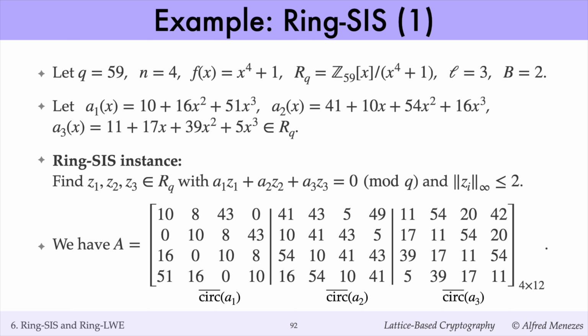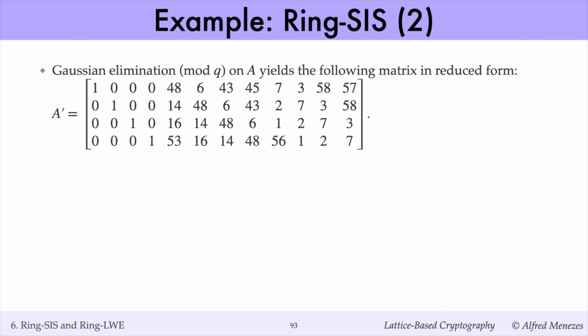The matrix A is this 4 by 12 matrix. We need to find small vectors in the null space of A modulo Q. I used Gaussian elimination on A modulo 59 to get this reduced form matrix A primed. As expected, A primed has rank 4, and so its null space has dimension 8.